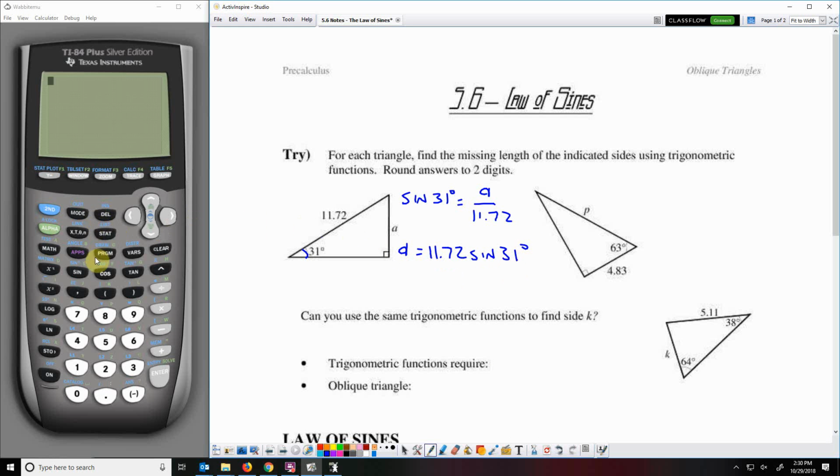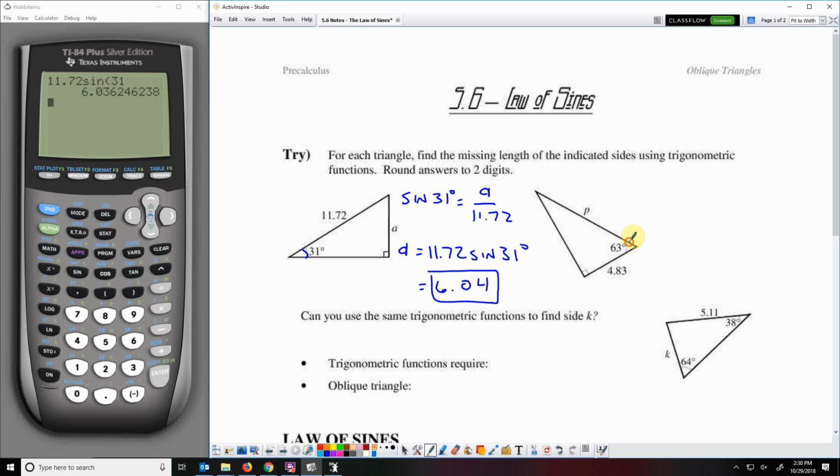Okay, so we're going to check our mode here, make sure that we're in degrees. And then we can type in 11.72 times sine 31. And we get 6.036, so rounded to the nearest 2 decimal places, we get 6.04.